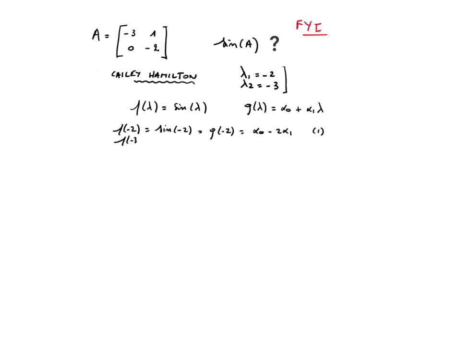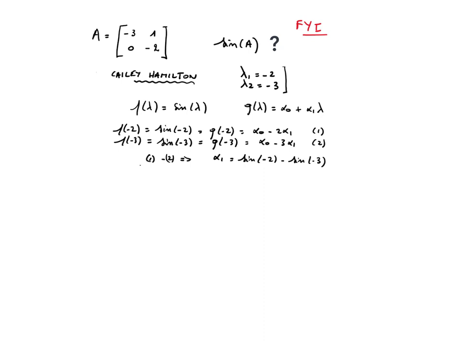F of -3, what we are doing here again is imposing that the two functions are equal on the spectrum of A. Sine of -3 is equal to g of -3. This is alpha 0 minus 3 alpha 1, and this is equation 2. If you do 1 minus 2, we have that alpha 1 is equal to the sine of -2 minus the sine of -3.